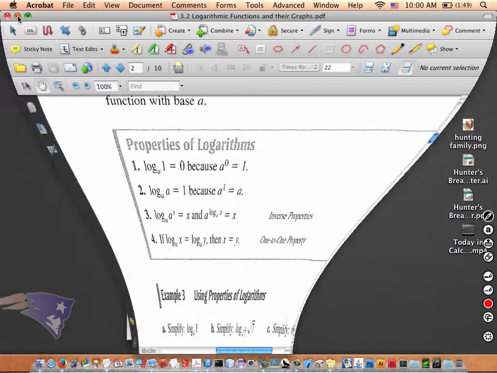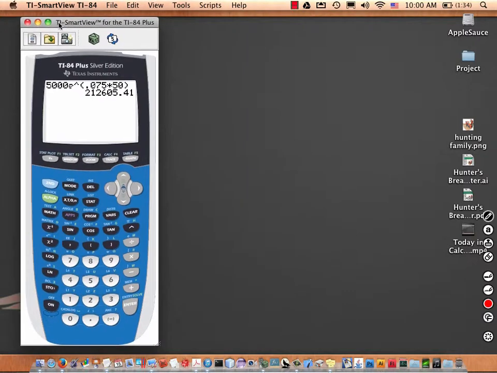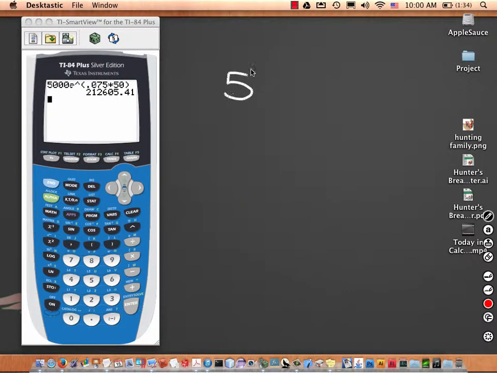Here's another property. If I have 5 raised to the log base 5 of 7, whenever the base matches the base of the logarithm, the answer will be just what's inside the log. It's just 7. Because it's just like your base.